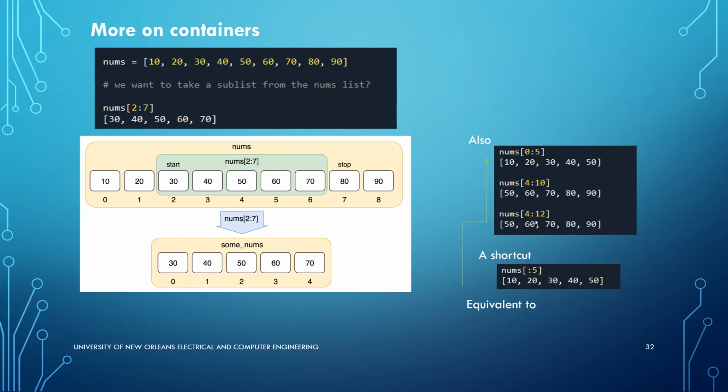The same thing here, you notice that if you put a 12, it's just going to ignore the rest. It's just going to go to the end and give you everything on the list after the element 4 in this case. So this command and this command don't make a difference in this case.